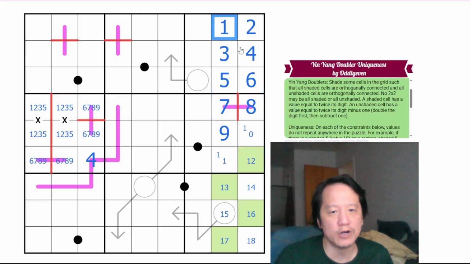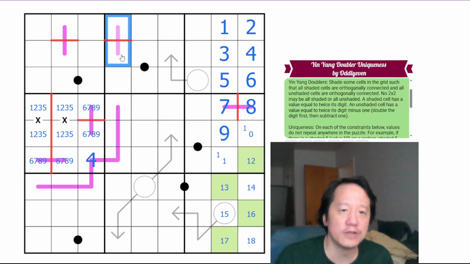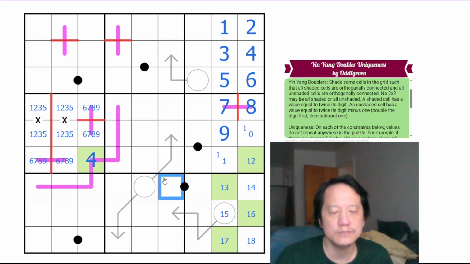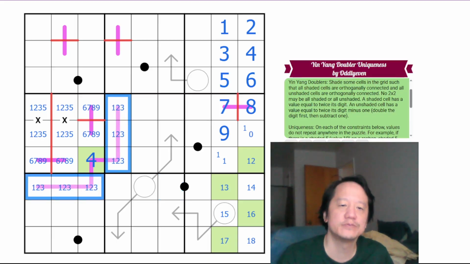Because otherwise, 1 cannot be consecutive on a Renban with another value unless it's going to be longer than 2, right? Because it would have to be 1 unshaded with 1 shaded. So this is going to have to be 7 is unshaded. And these have to be 1 through 3. Oh, well, that helps a lot.